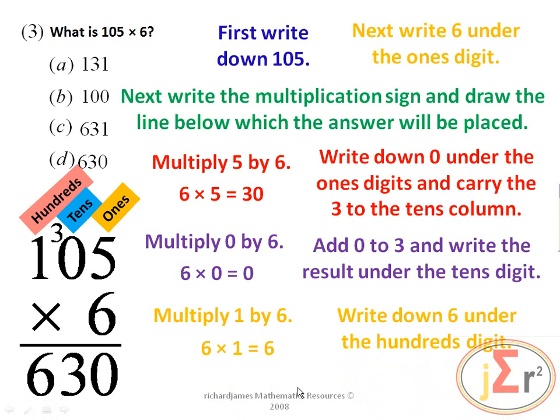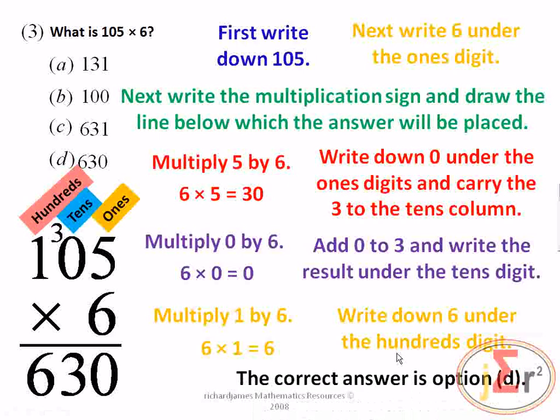And that is why, when we are solving mathematical problems, problems in arithmetic, it is important for us to have our numbers vertically aligned, and to stick to a particular format that helps us arrive at the answer accurately. So the correct answer is option D.